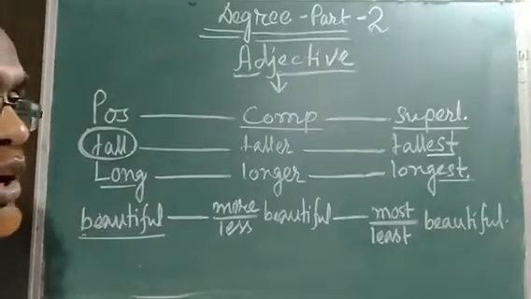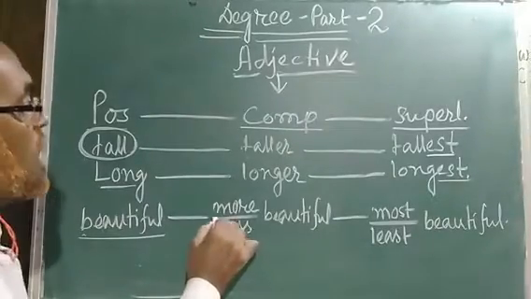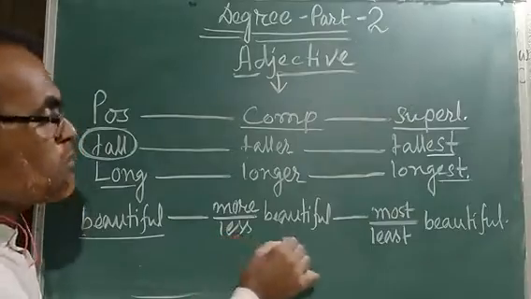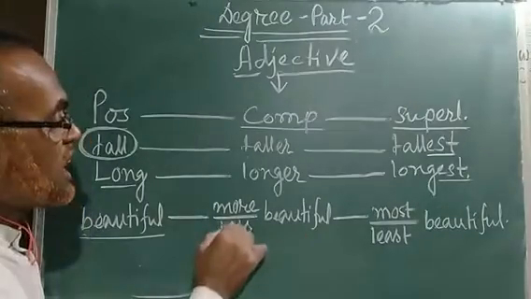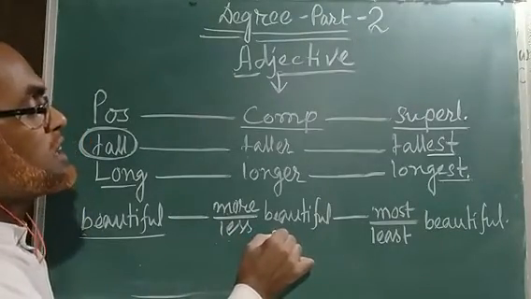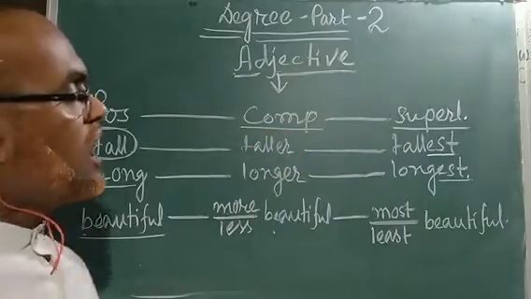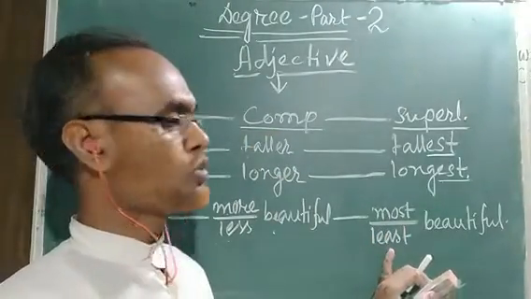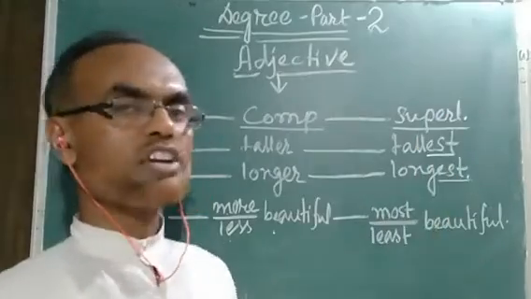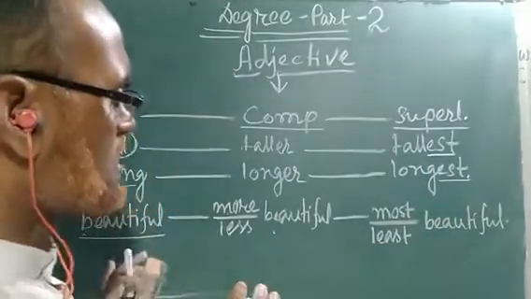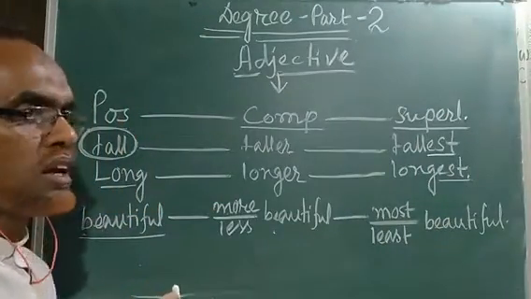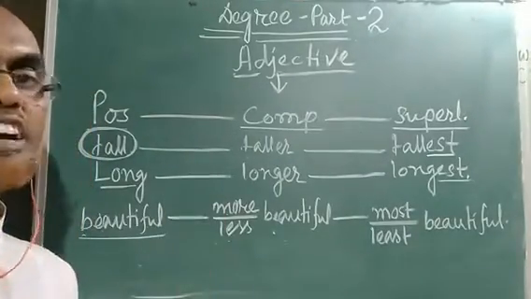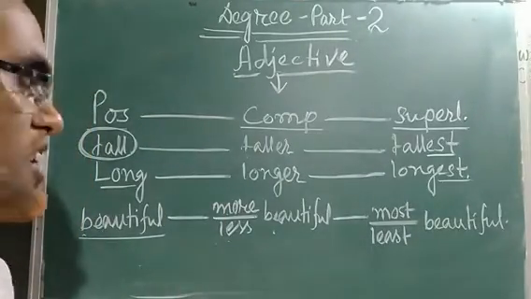Then what shall we have to do? We have to add more or less to make it comparative, and we have to add most or least to make it superlative degree. This type of simple knowledge we must have to interchange the degree.